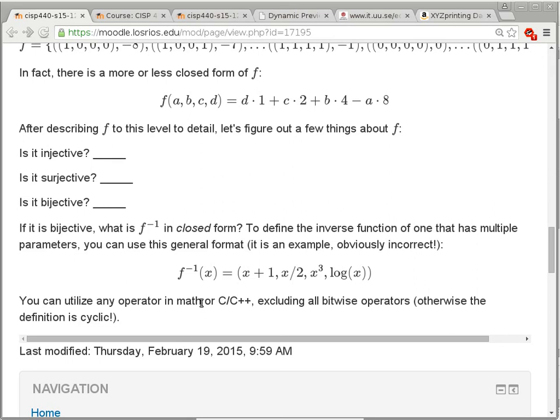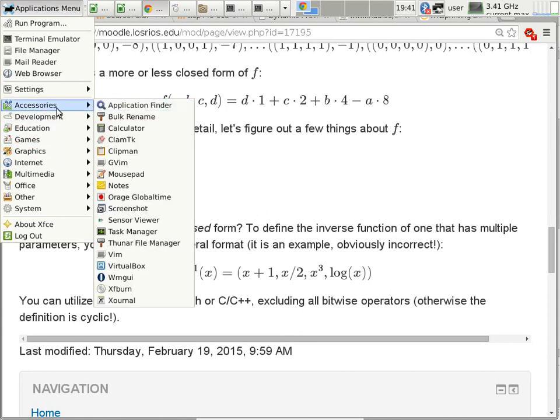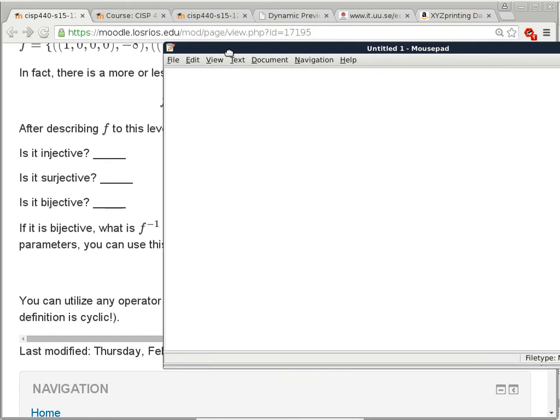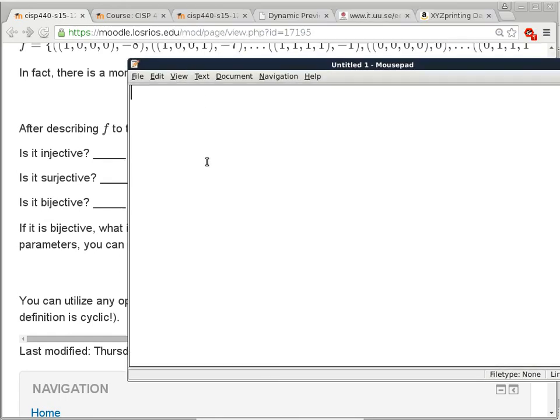If the ternary operator is at your disposal, how would you express the bits A, B, C, and D? Well, let's take a look. So I'm going to use the mouse pad here. What we're looking for is the inverse function of f applied to a value x. In this case, the inverse function has the domain and the codomain already predefined.